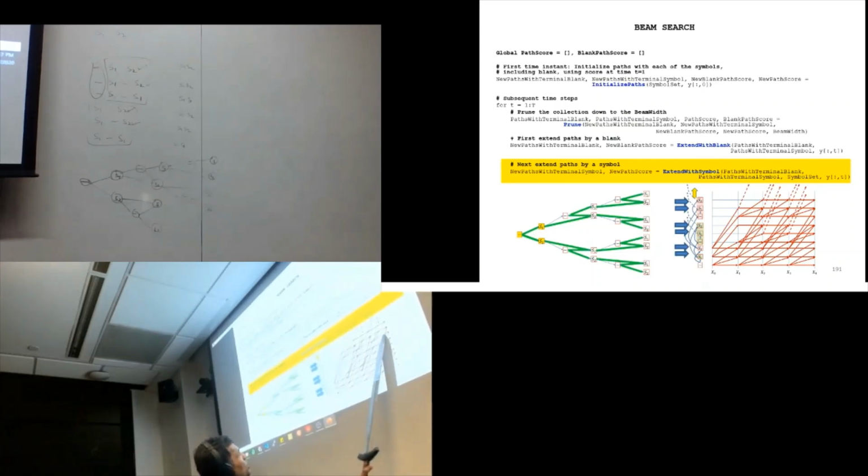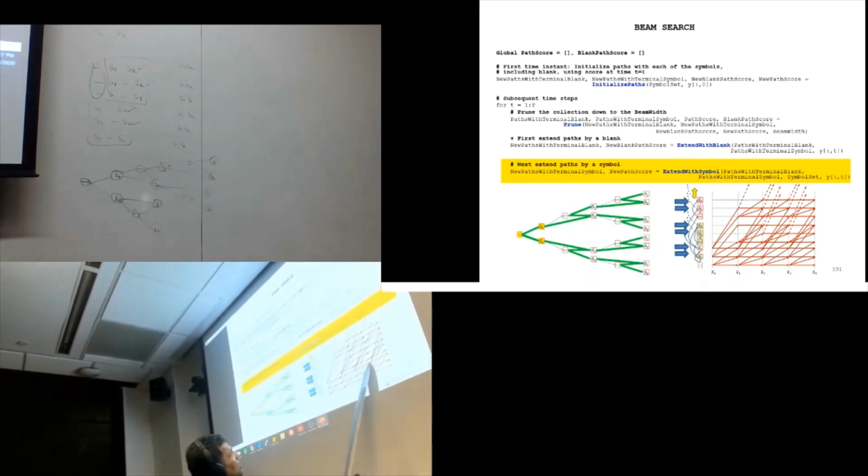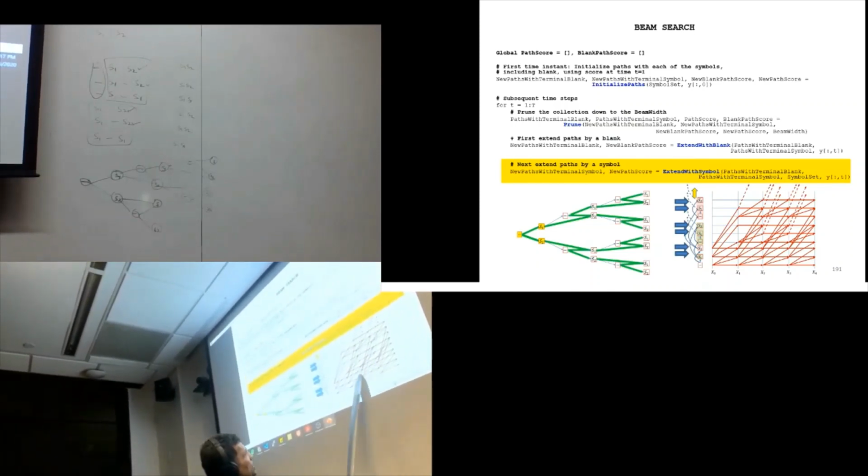This is a blank, so you wouldn't do anything here. You'd be computing the sum of these 3 incoming paths for this node, the sum of these 2 incoming paths for this node, the sum of these 2 incoming paths for this node, and these 2 incoming paths for this node. So the extend with symbol is going to basically compute the scores for all nodes which correspond to a symbol sequence that terminates at a symbol.